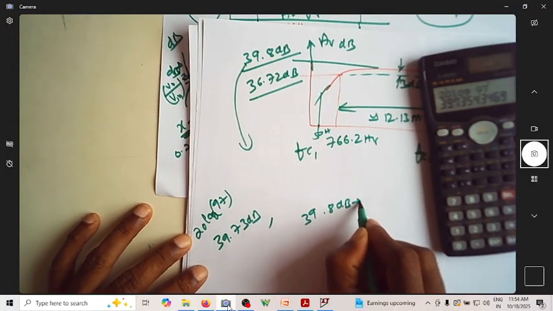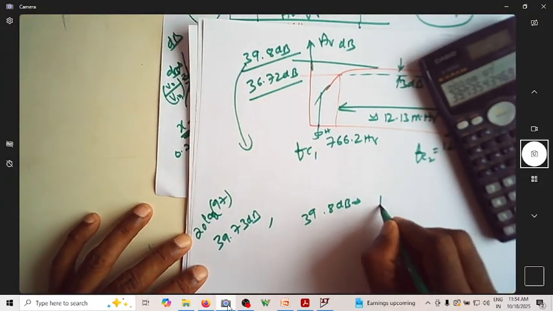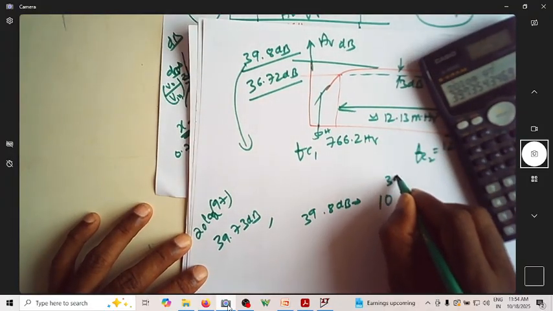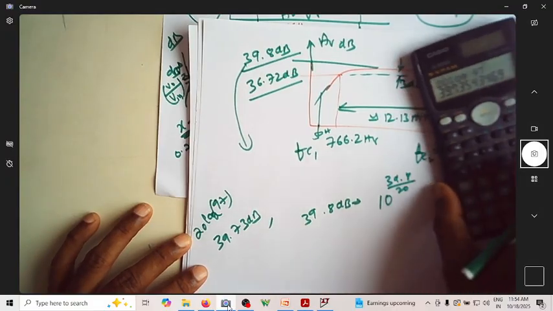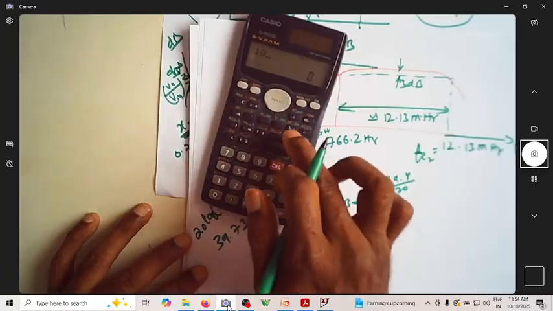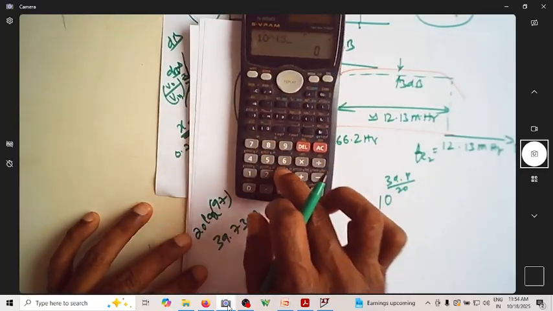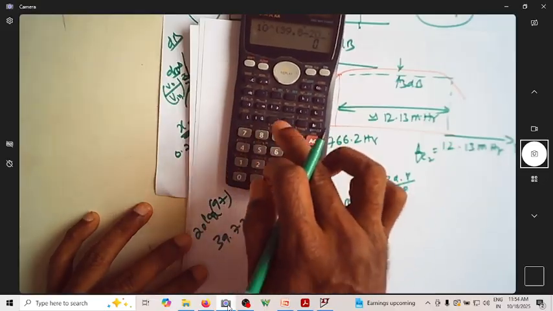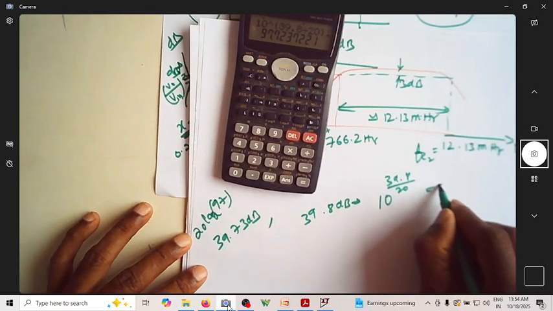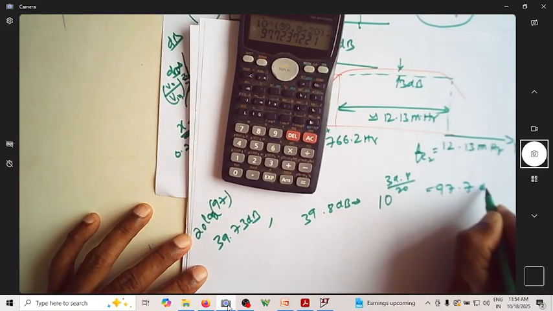Then what does 39.8 dB correspond to? You can find this as 10 to the power of 39.8 divided by 20. So what is this? 10 to the power of 39.8 divided by 20 will be how much? 97.7 is the gain.